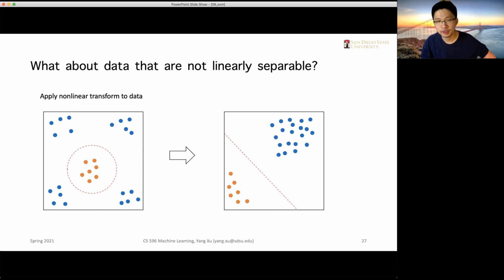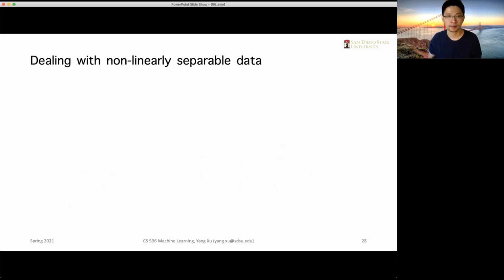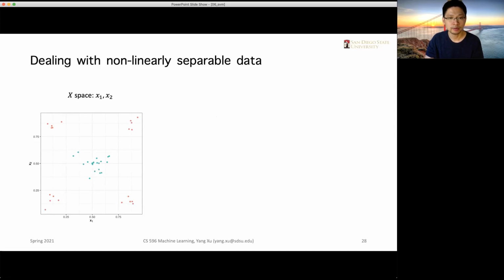Okay, and if we convert the linear boundary on the right, which is a straight line, back to the original space, it may correspond to this circle. Okay, so we're looking for some transformation from the current space to a new space. Okay. All right. So let's see the example again. In these data points with actual values.